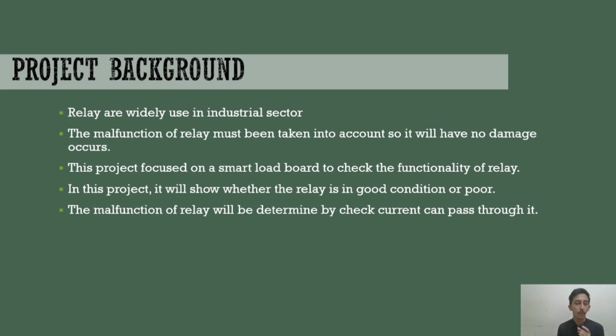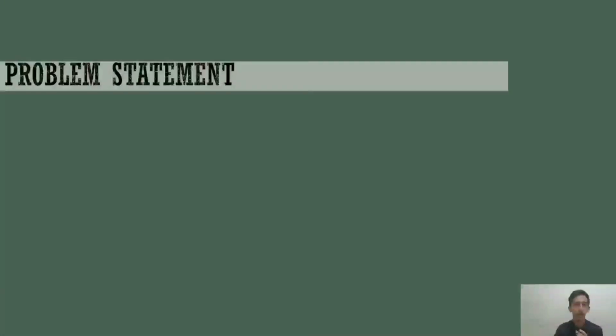This project focuses on a smart board to check the functionality of relay. It will show the relay in a good or poor condition. The malfunction of the relay is determined by checking how much current can pass through it.